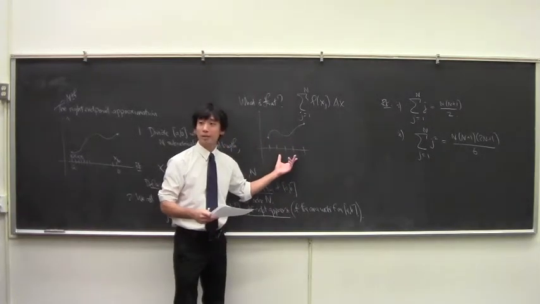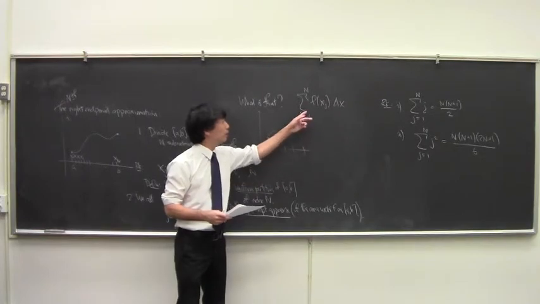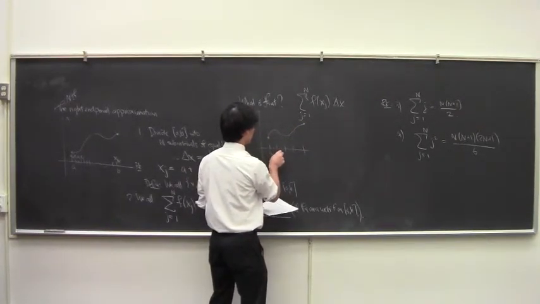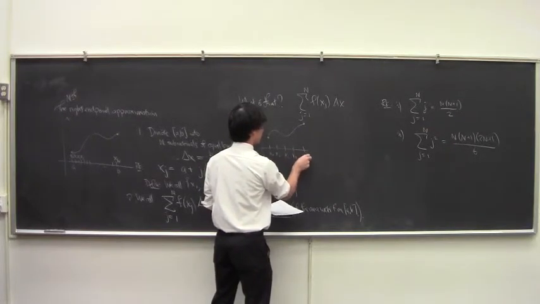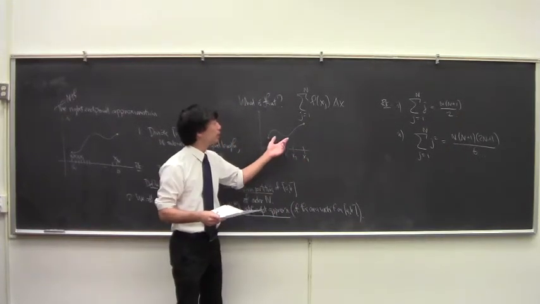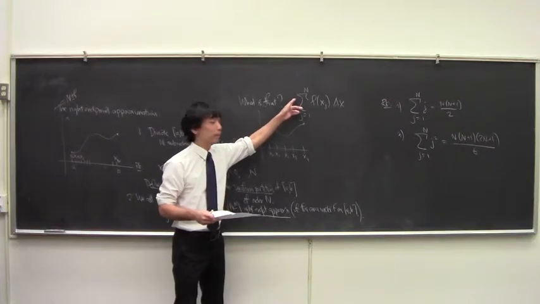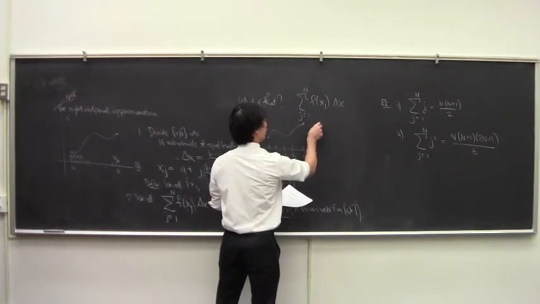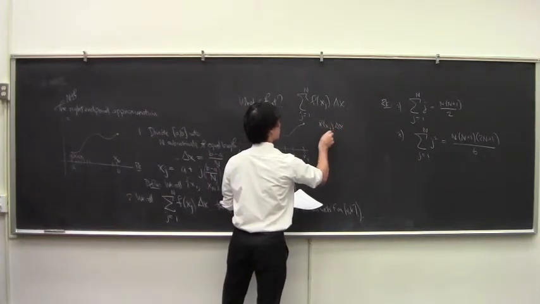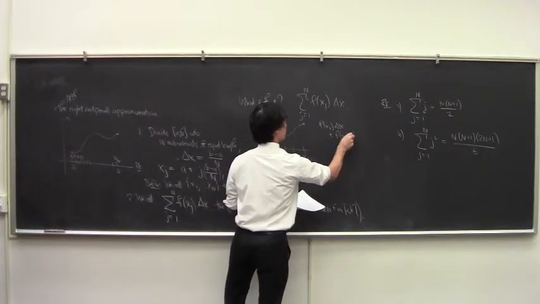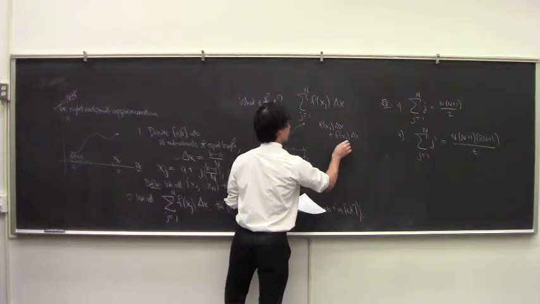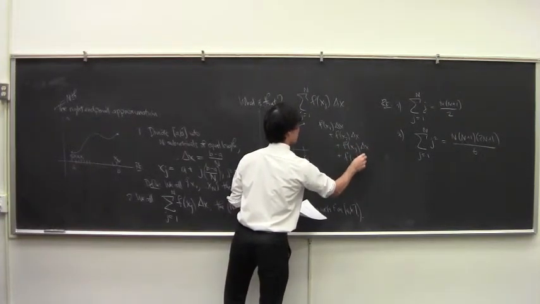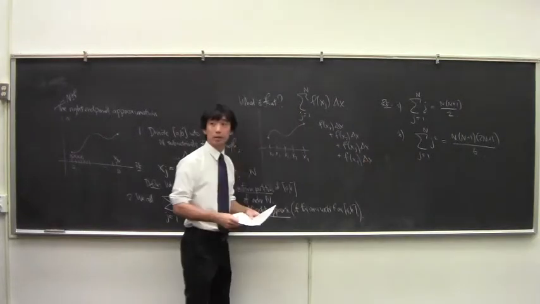Let's say that n is 4, so you've got x0, x1, x2, x3, x4 in this picture. What are you taking? You're taking f of x1 delta x plus f of x2 delta x plus f of x3 delta x plus f of x4 delta x.